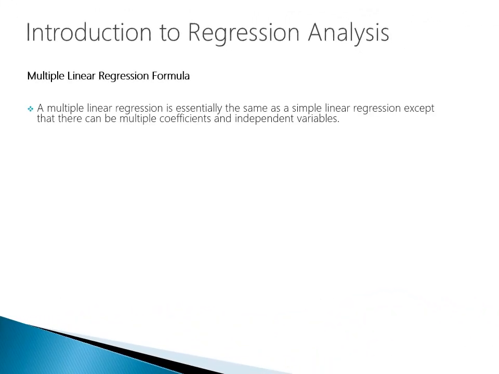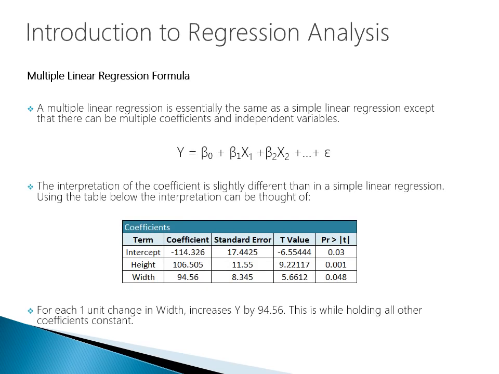A multiple linear regression is essentially the same as a simple linear regression, except that there can be multiple coefficients and independent variables. The interpretation of the coefficients is slightly different than in a simple linear regression. Using the table below, the interpretation can be thought of as: for each 1 unit change in width, y increases by 94.56.